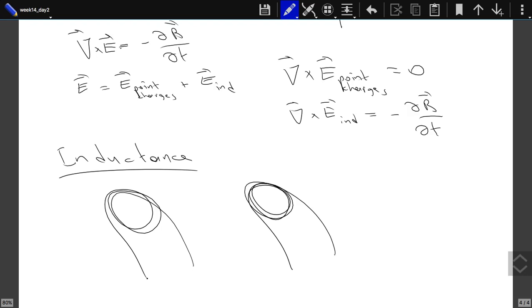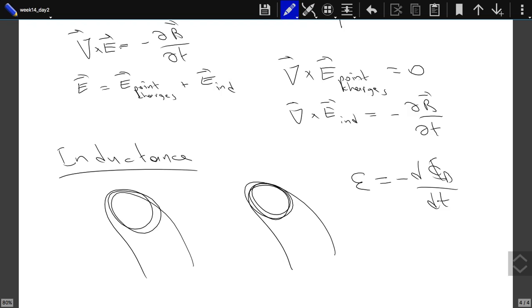Let's say we are studying this one. The EMF around this circuit element will be minus the magnetic flux divided by dt. Now, if you send current through this left circuit, it will create a magnetic field, which will create a flux passing through this loop.